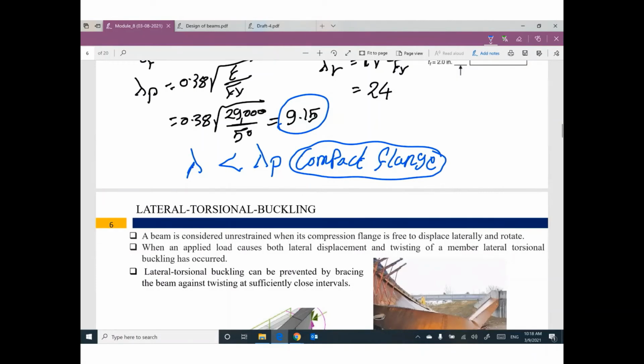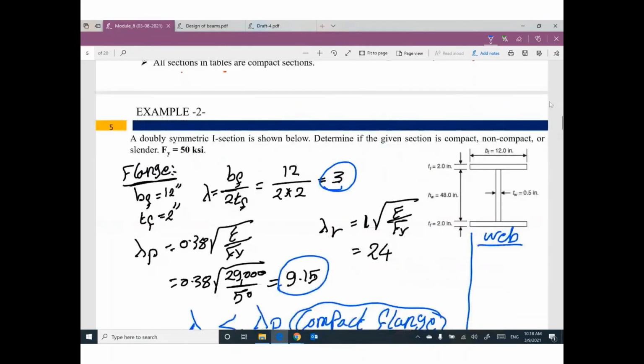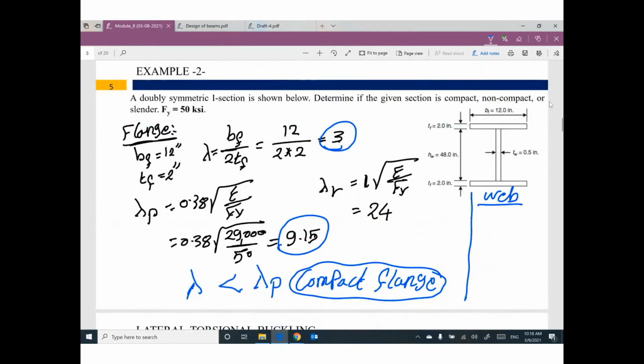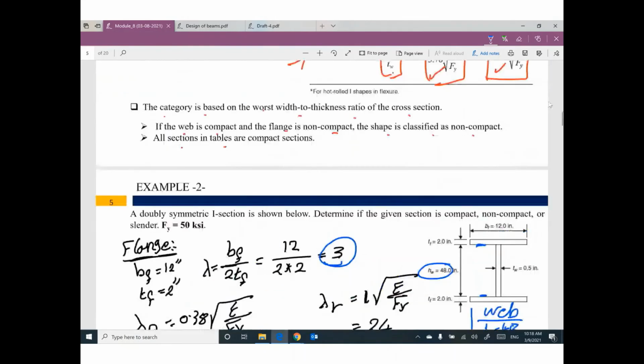Very easy. Let's start with the web. H equals 48, from this surface to this surface. T web equals 0.5. So H divided by T web equals 96, which is lambda.